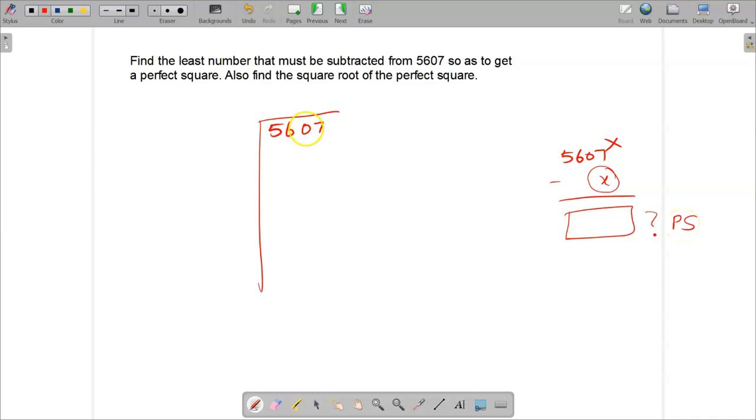Okay, so as usual, combine two digits with the bar like this from the unit digit.